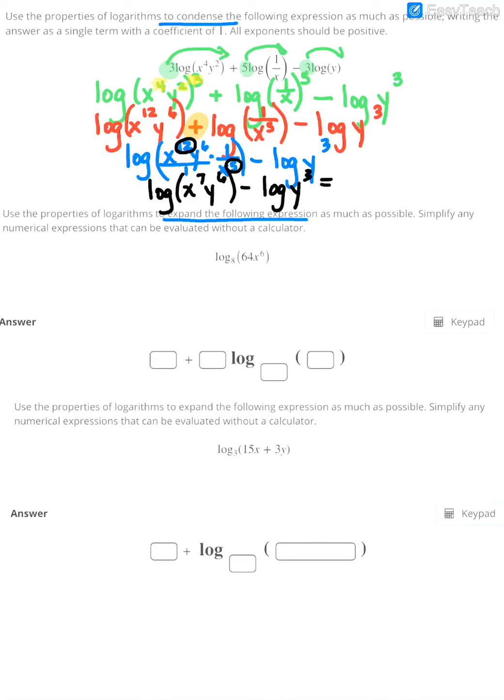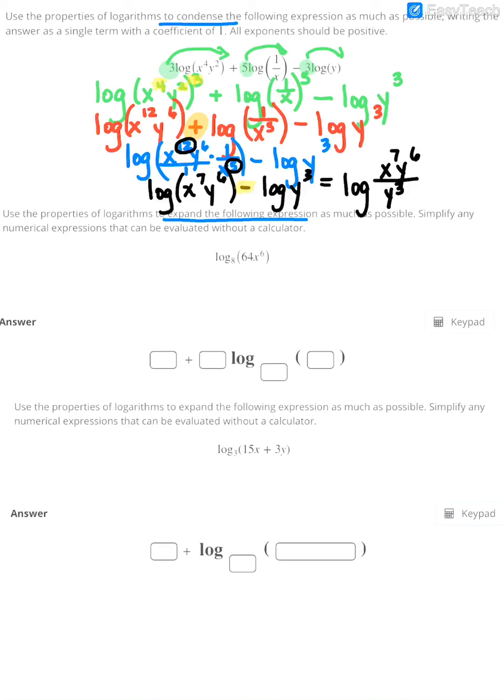And so finally, when we have two logarithms that are being subtracted, we put those back together as a fraction. So we will have the log of x to the 7th, y to the 6th goes on top, y to the 3rd goes on bottom, since that logarithm comes after the minus sign.